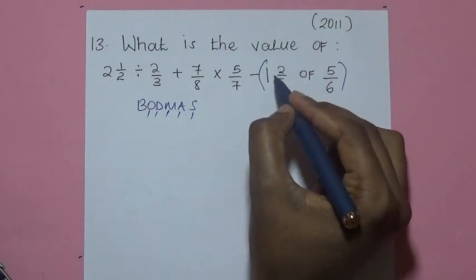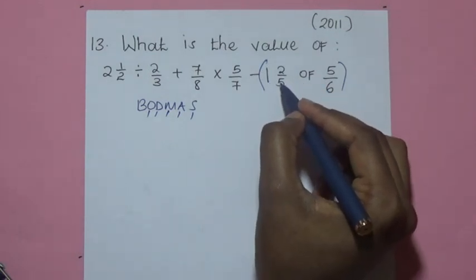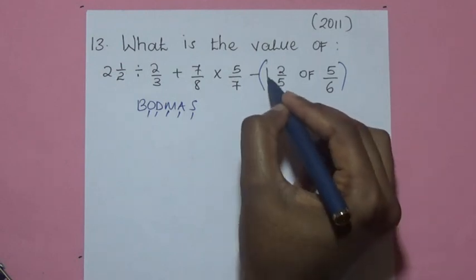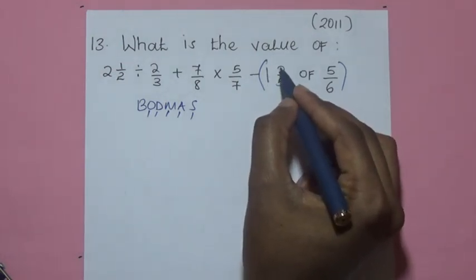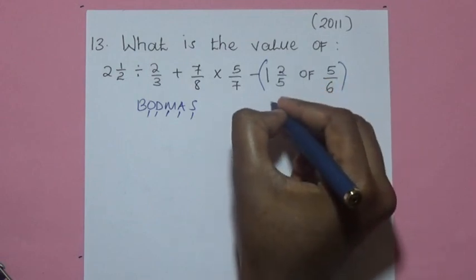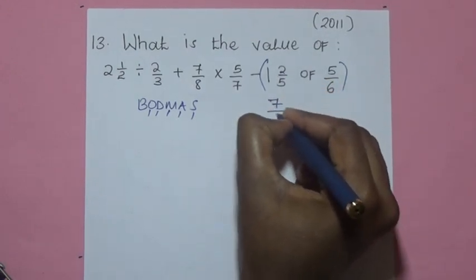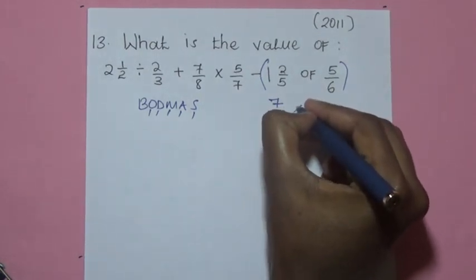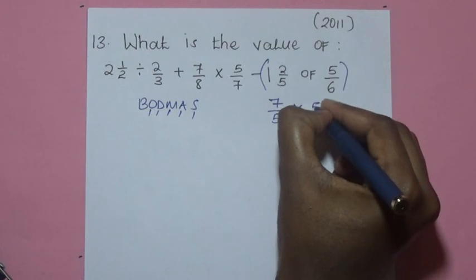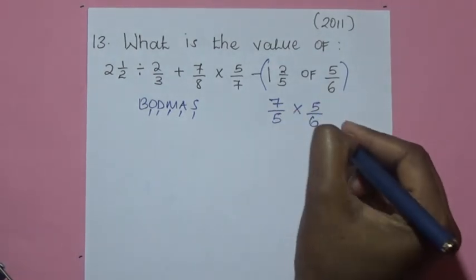We need to change 1 and 2 over 5 into an improper fraction. We multiply 5 times 1 is 5. You add 2, you get 7. So it will be 7 over 5. Of means multiplication. So multiplied by 5 over 6.